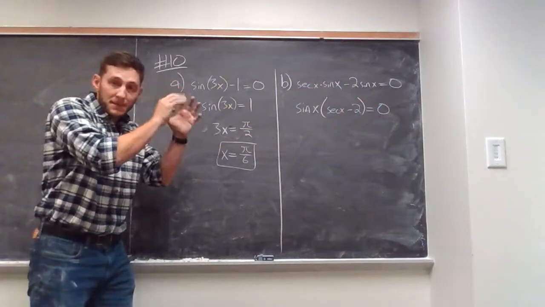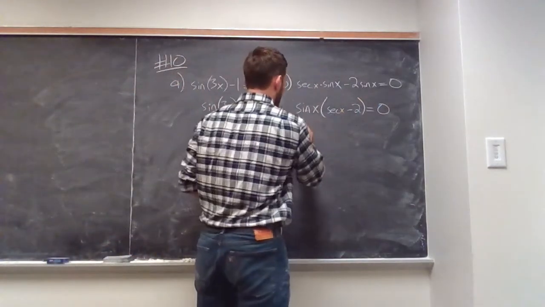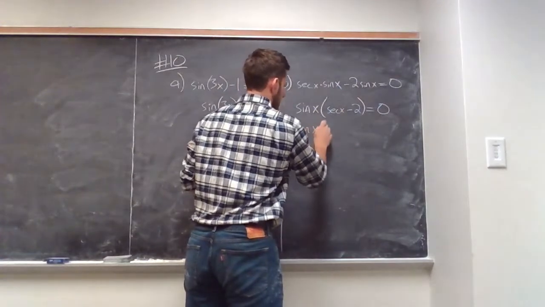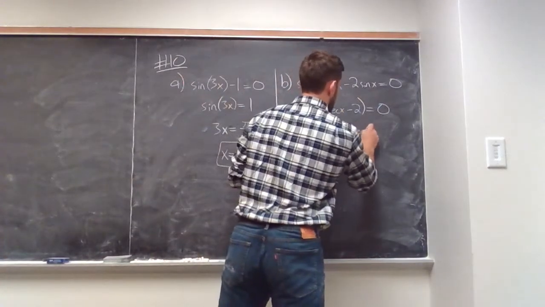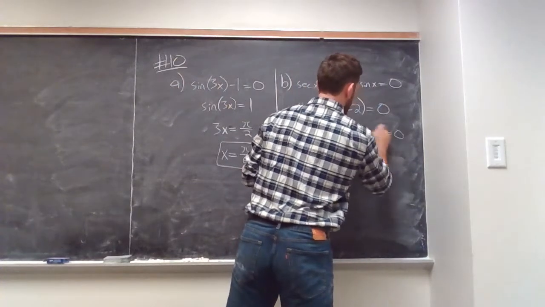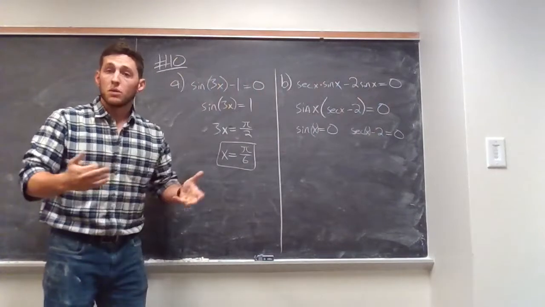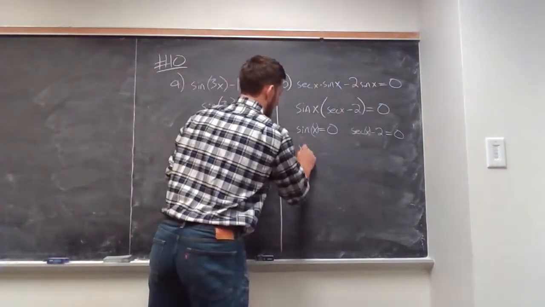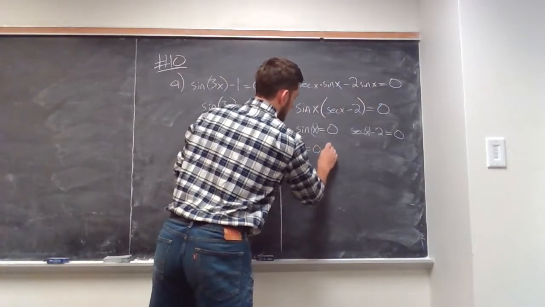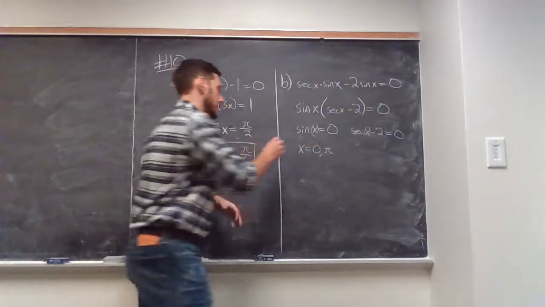Now I have something times something equals 0. Set both somethings equal to 0. Sine of x equals 0, and secant of x minus 2 equals 0. Well, where is sine, the y coordinate, equal to 0? That's at both x equals 0 and pi. So bam, there's part of your answer right there.